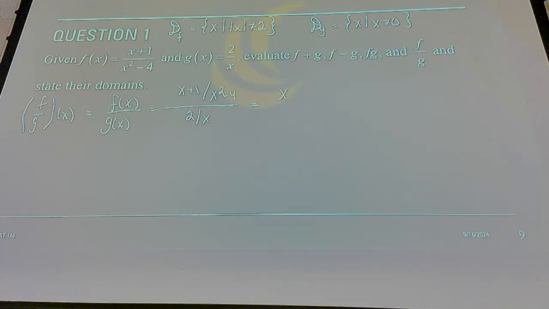So numerator stays the same. Now it's just regular old multiplication. There's the quotient.